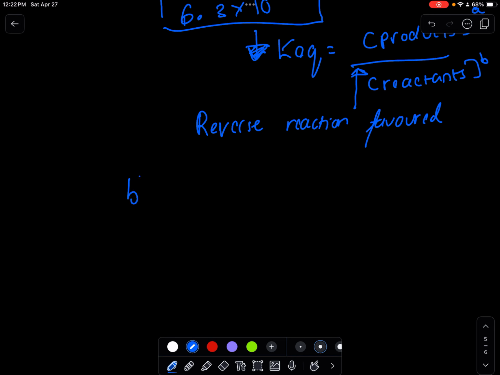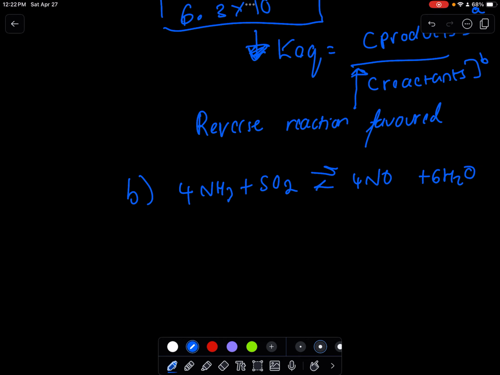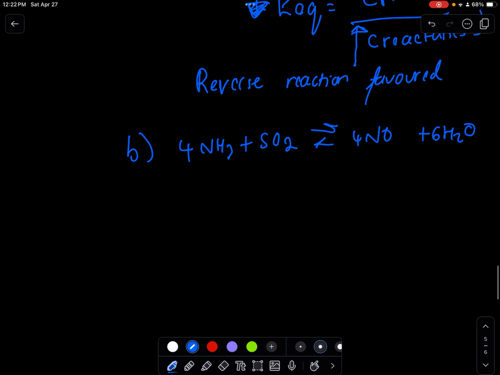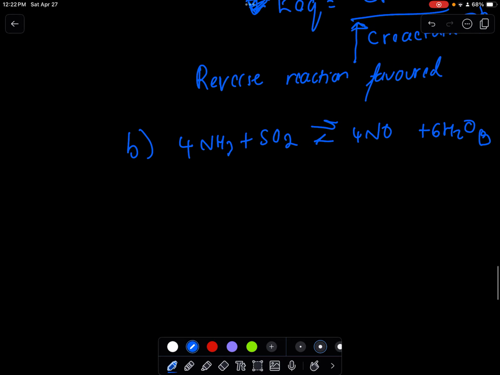Second one, let's have a look at this. Okay, so in this case, let's have a look. We have the following, and this is a gas, this is a gas, this is a gas, and this is a gas.